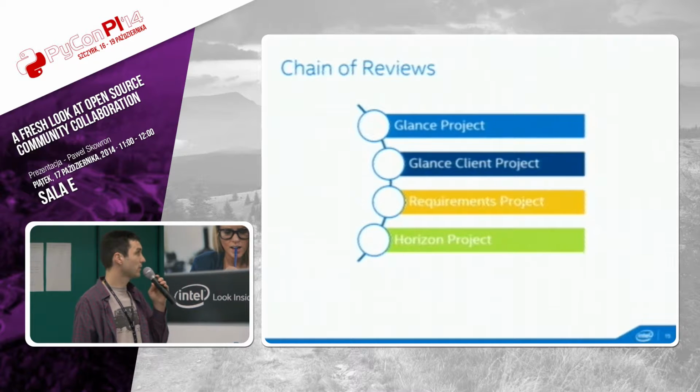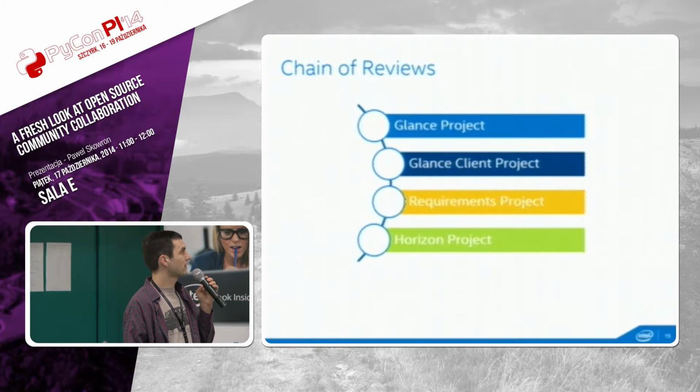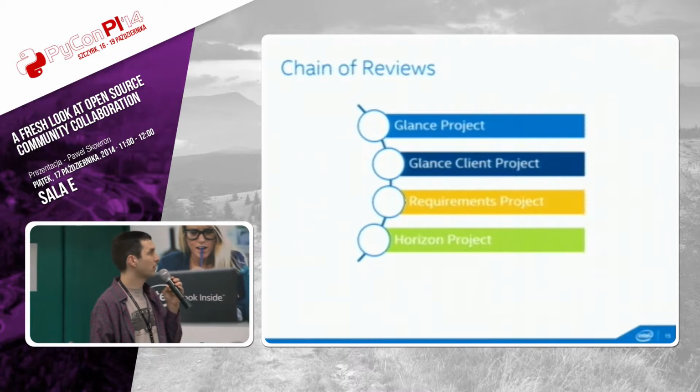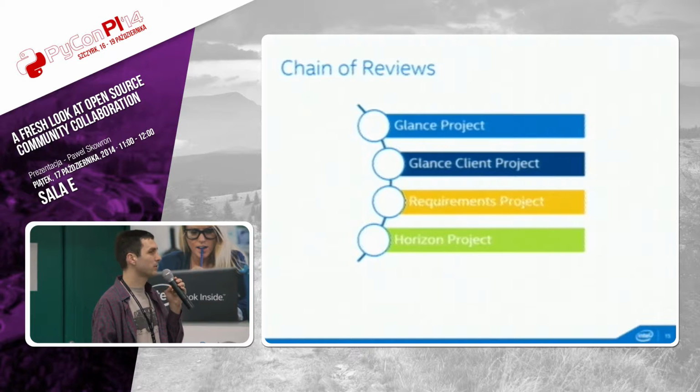What does that mean? For example, if we want to get the Horizon part, the GUI part, merged, we need to have all the previous projects released. For example, Horizon requires the Glance client project to be released. And when it's released, we also need to add some additional requirements to the requirements project.